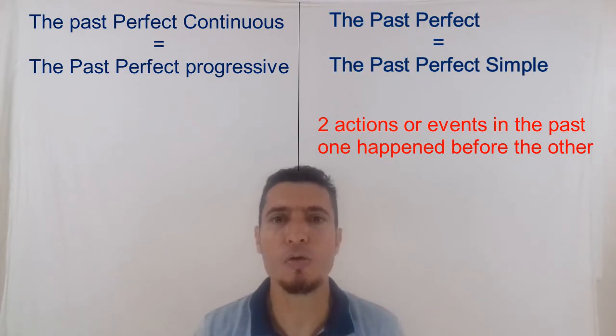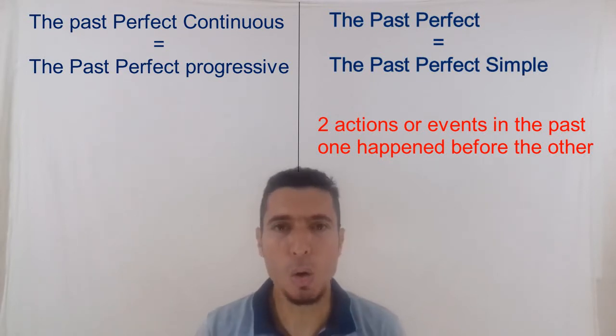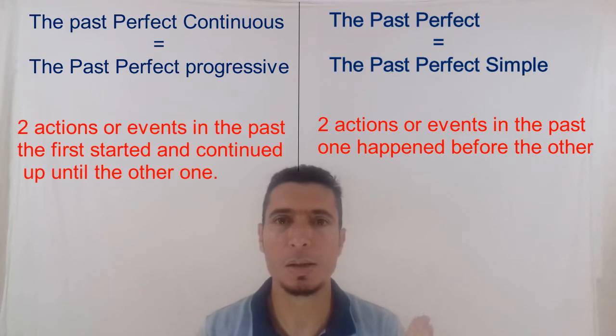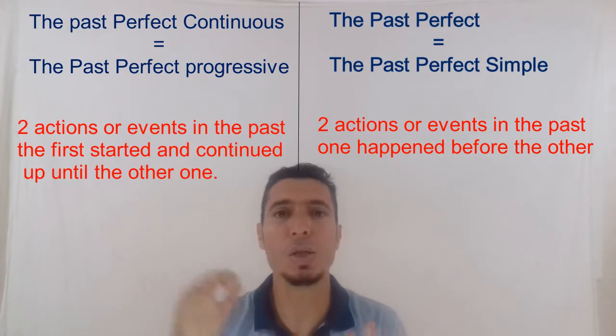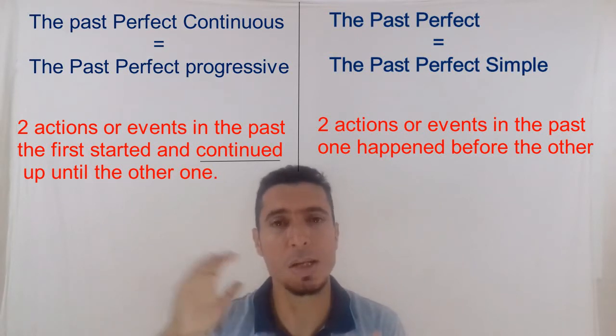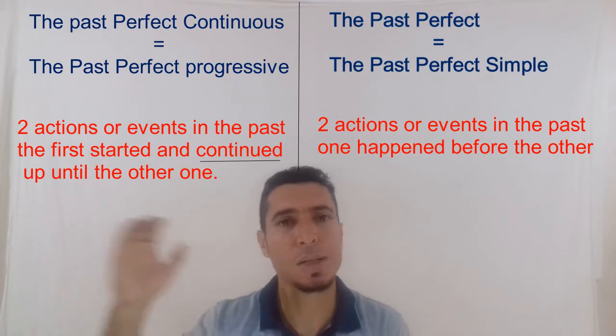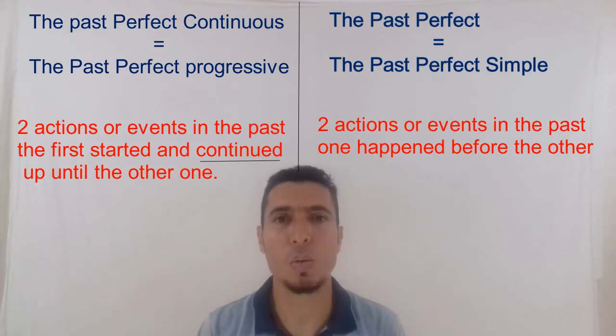For the past perfect continuous, we also have two actions, but the first one started at a certain time and continued up until the second one.